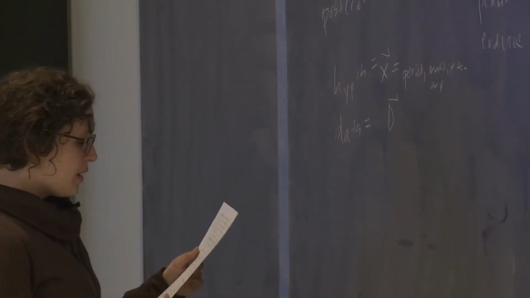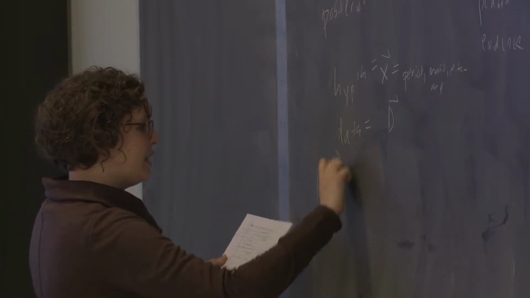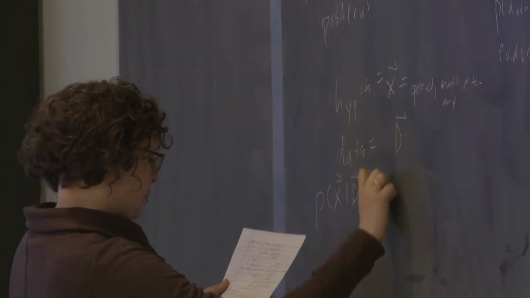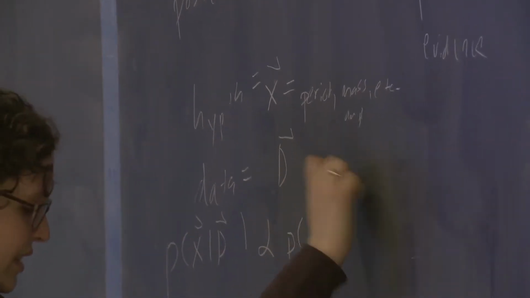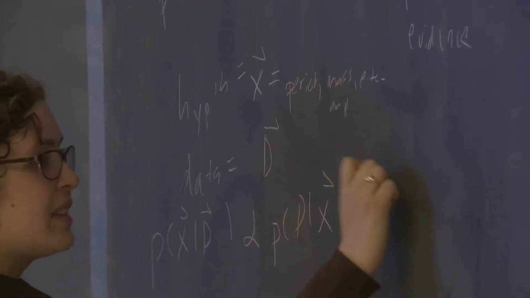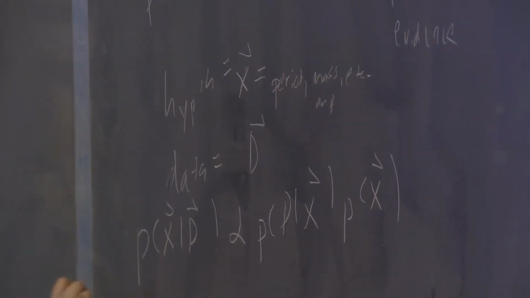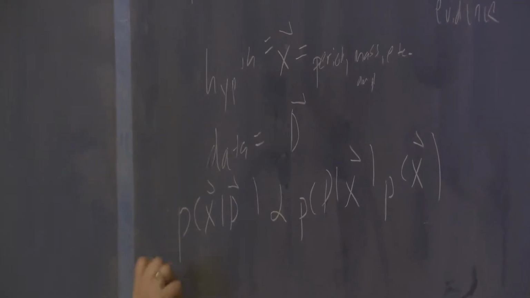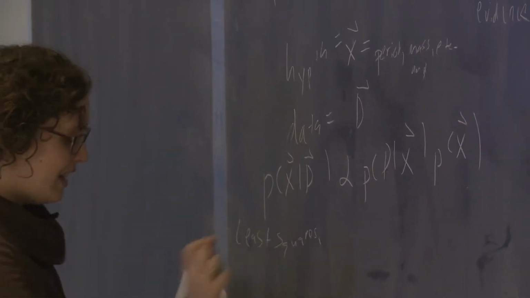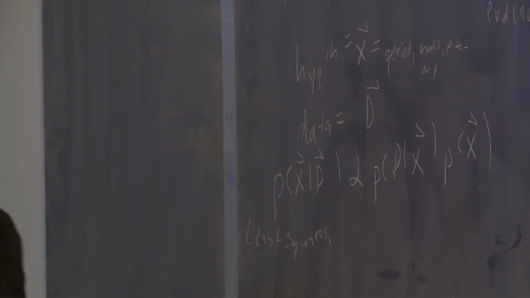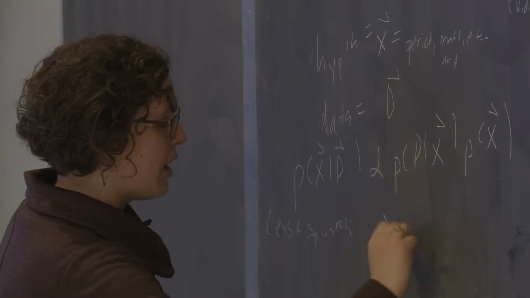So the probability of x given the data is proportional to the probability of the data given x times the probability of x. When we do chi-squared minimization, we're introducing some potentially highly problematic assumptions. The first assumption is that there's a uniform prior.